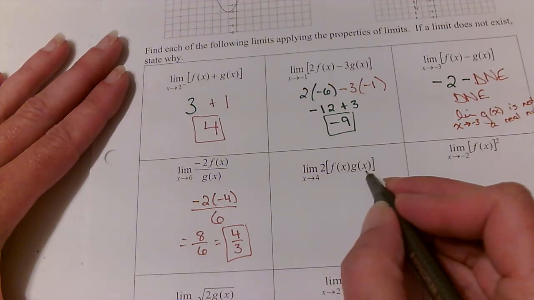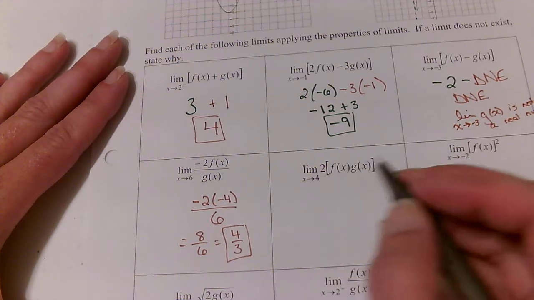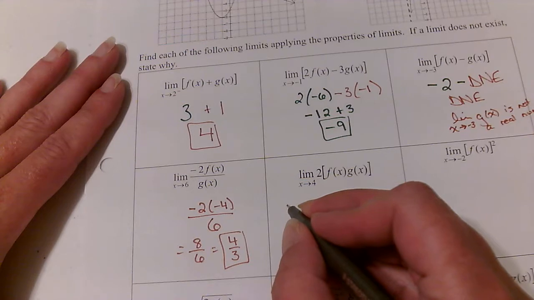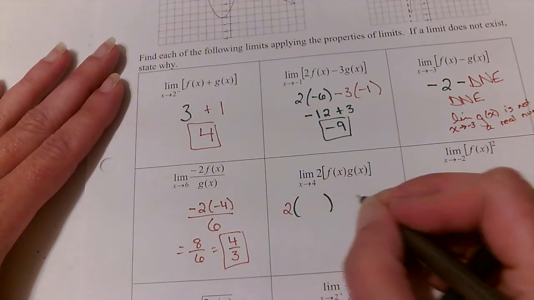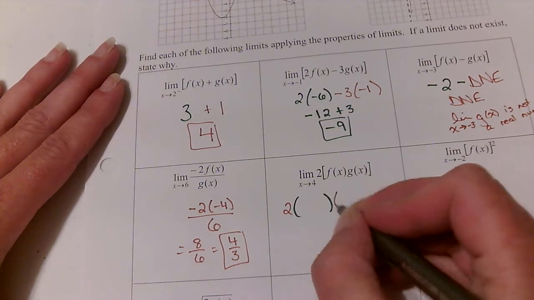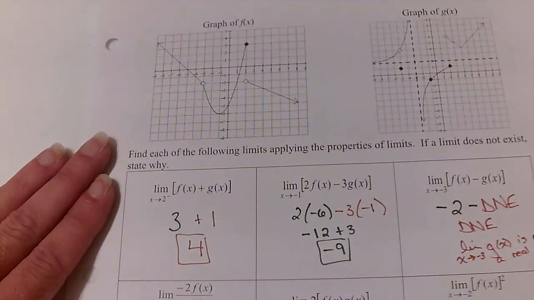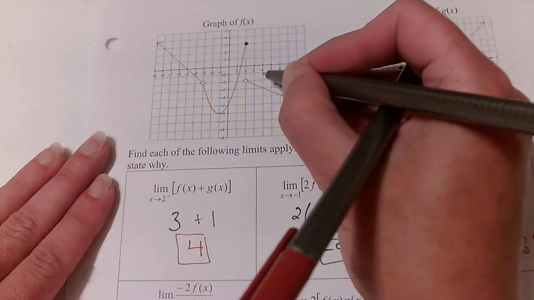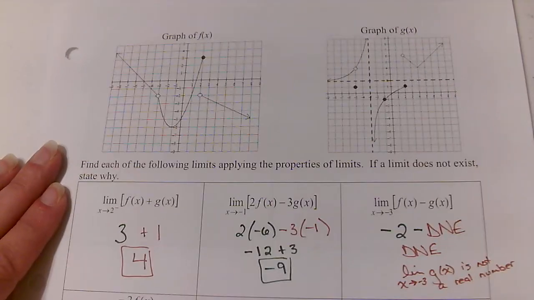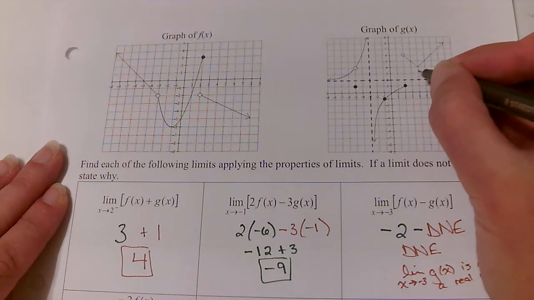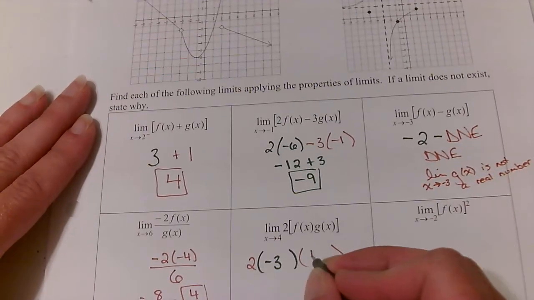Two times f of x times g of x as x approaches 4. So we got the 2, f of x, and g of x. Okay, so at 4 on f of x, we're going to -3. And g of x at 4 is 4.